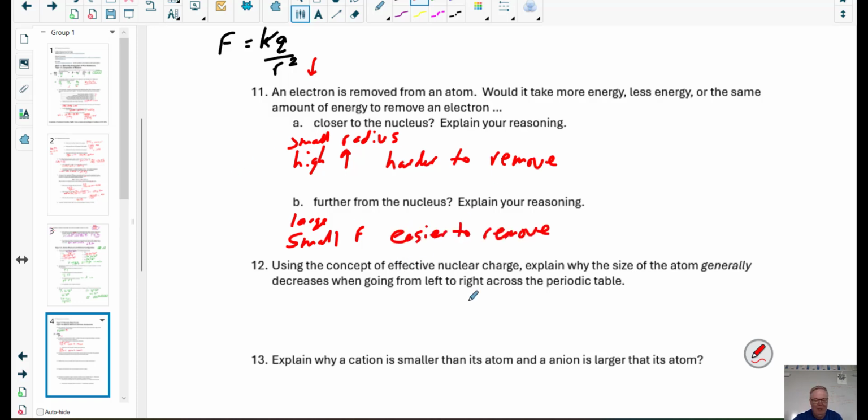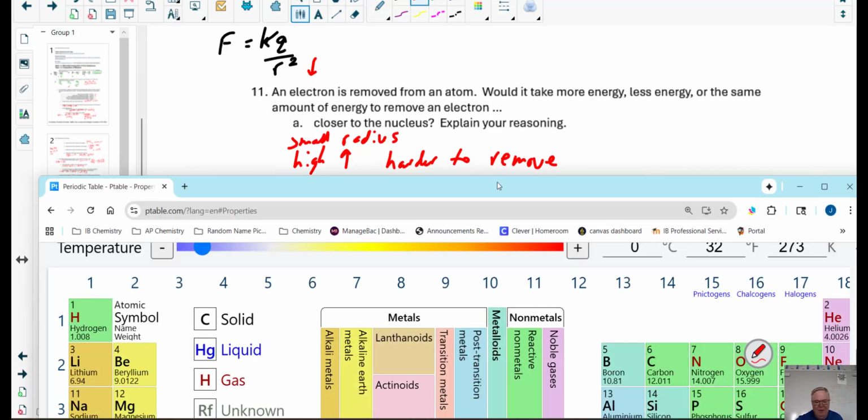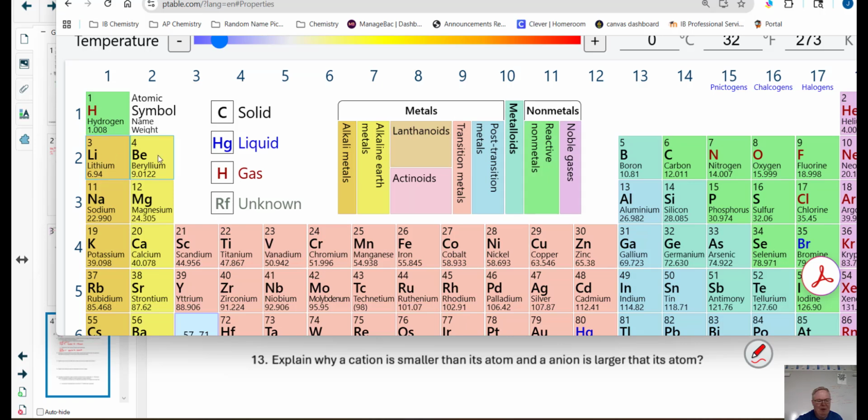All right, so here, using the concept of effective nuclear charge, explain why the size of the atom generally decreases. So effective nuclear charge is, once again, how easy it is for something to hold on to that electron. So if I'm going across from left to right, so let's just look at our periodic table for a second, here we're adding more protons to the nucleus.